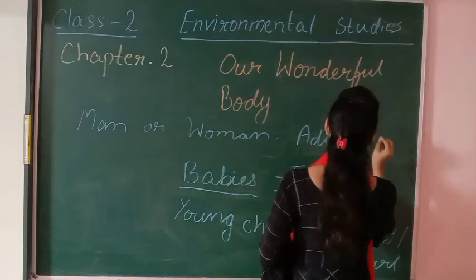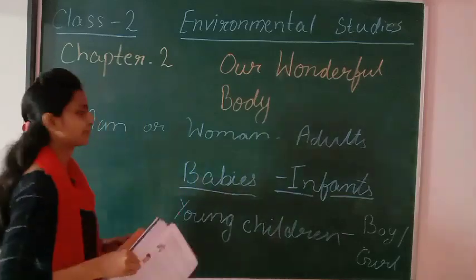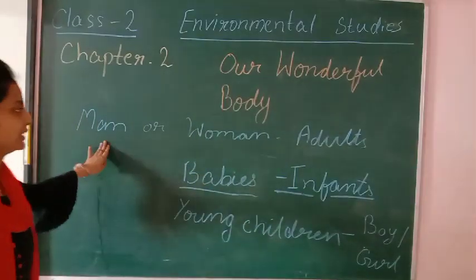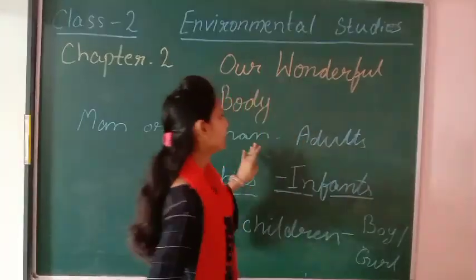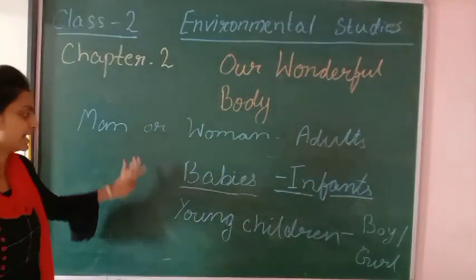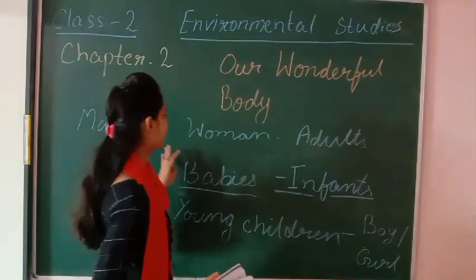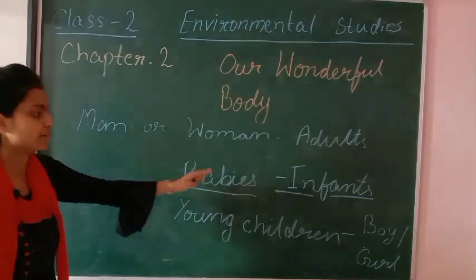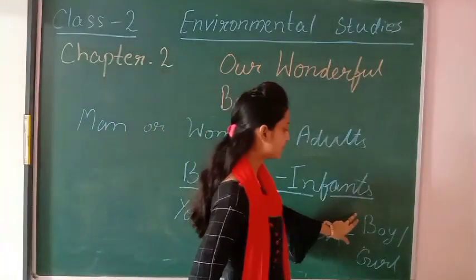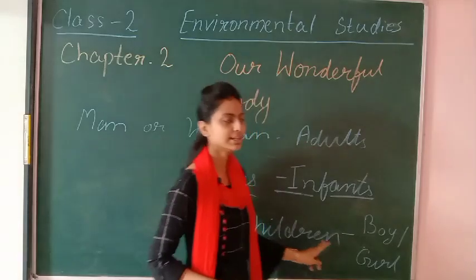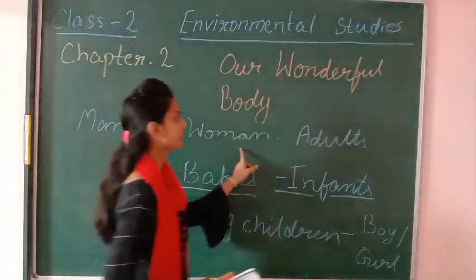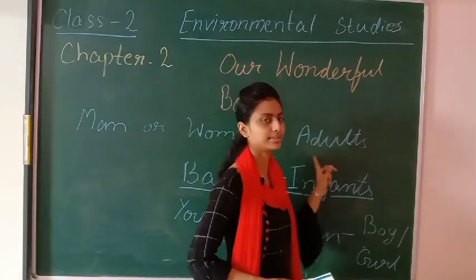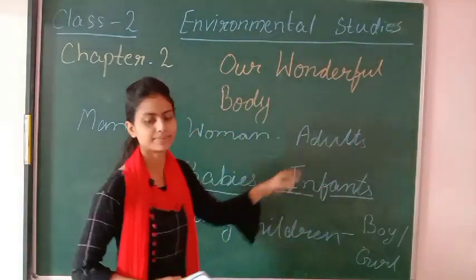See here I am writing adults. Your mother or your father is an adult, because he or she has grown up. When he or she was small, he was a boy or a girl, but as the time has passed, he or she has become a man or a woman, and this is called an adult.